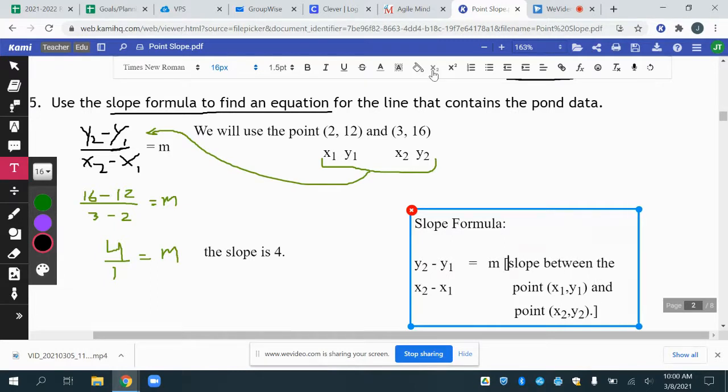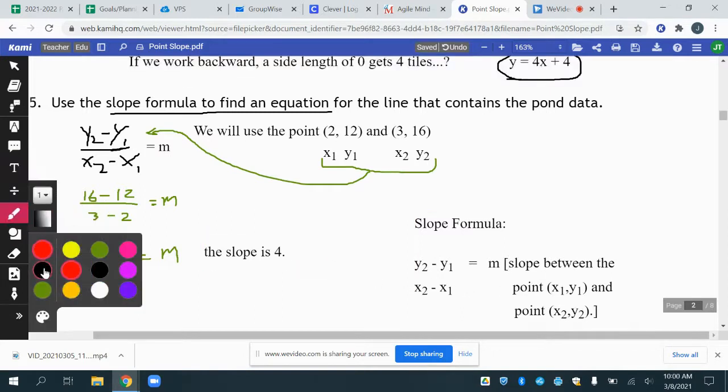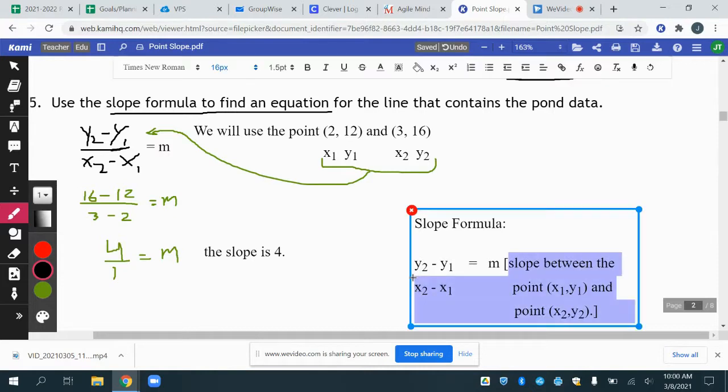Because we're using parentheses already, and why use parentheses within parentheses? Okay, so slope between these 2 points. And I got to put a line in there, and then I'm done. I'll circle it. Boom.